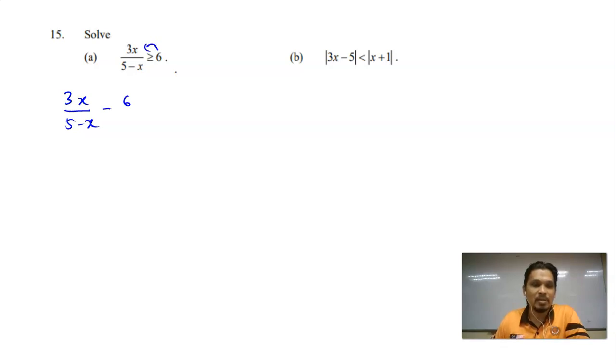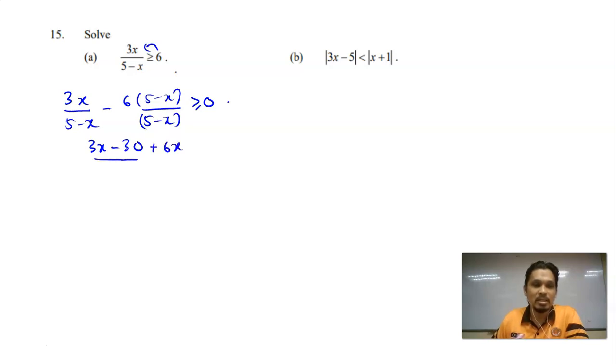So I straightaway change this into a fraction and equalize with the denominator of this. So we come up with 5 minus x divided by 5 minus x, greater than or equal to 0.